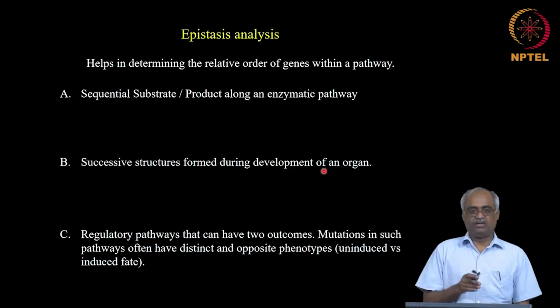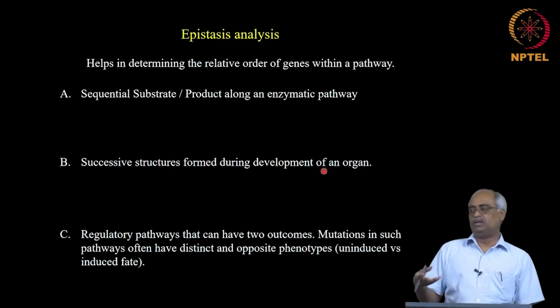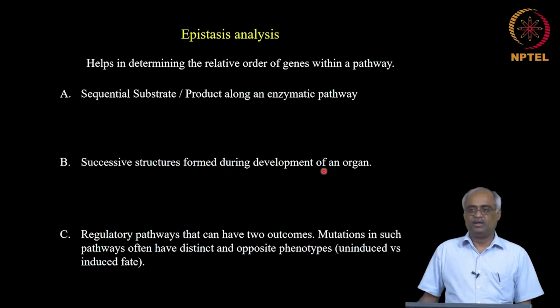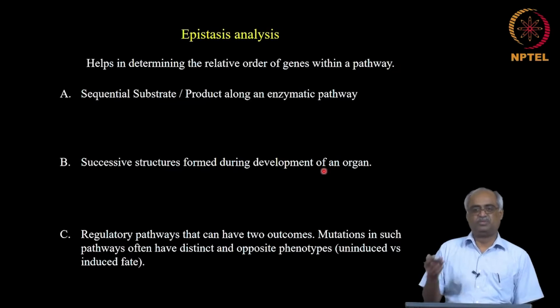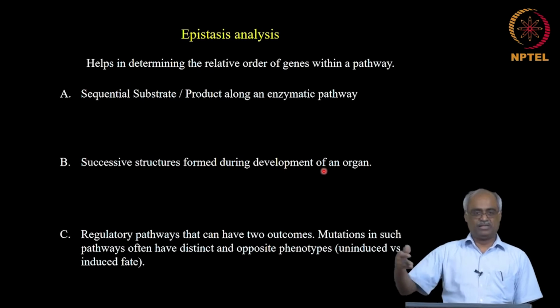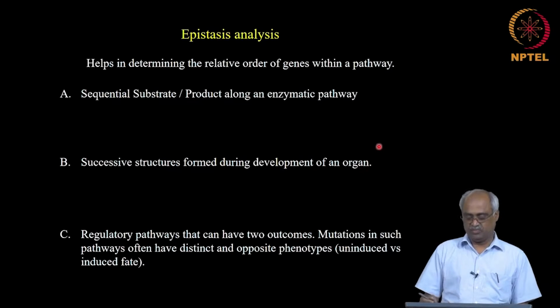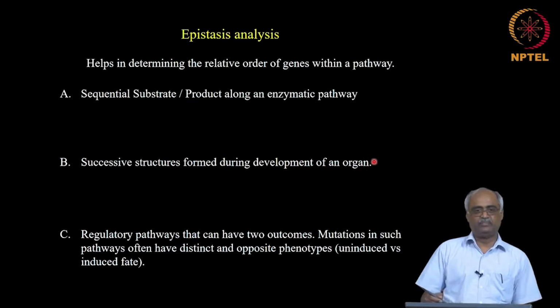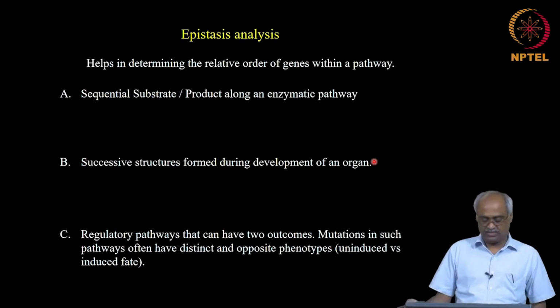So it's like you have a stone and then you sculpt an idol out of it, right, or you carve something. So you have a starting material and then you have intermediate steps, you build upon something over multiple steps. So that is successive structures. The point is you are making something in which there are multiple intermediate steps and intermediate structures. So these two are very similar, the substrate and product along an enzymatic pathway, or successive structures in making an organ.